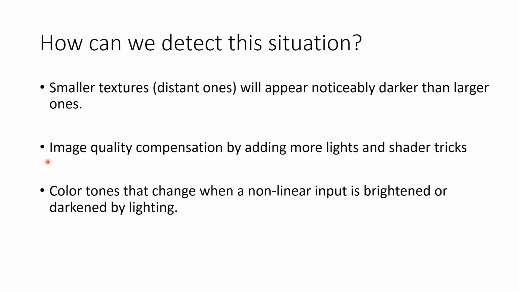You can know that, for example, your scene has a lot of light, but you need more, and you need to do some tricks in the shader to get a correct result. That's a hint that should tell you that something wrong is happening. Also, for example, when you change a nonlinear input, such as brightening or darkening by lighting, if color tones change, that's another indicator that something is happening.